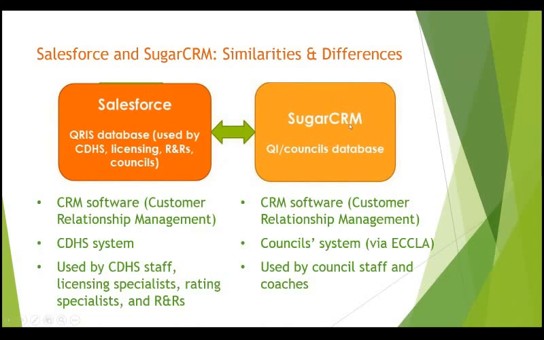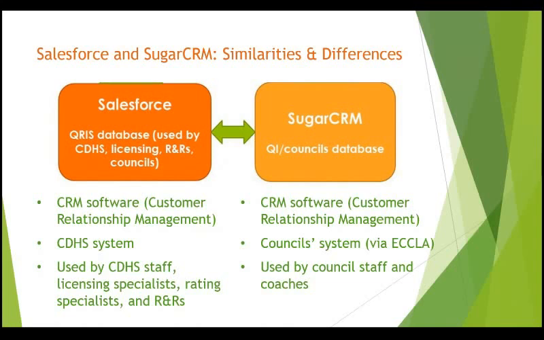Similarly, Sugar CRM is something that originally a couple of years ago was purchased by the Denver Council, and after a bunch of discussion with CDHS about building a system that could track council data, the solution that we all ended up with is that the Denver Council has made their Sugar database, which they purchased and built a bunch of customizations on top of to handle council, especially quality improvement dollars.